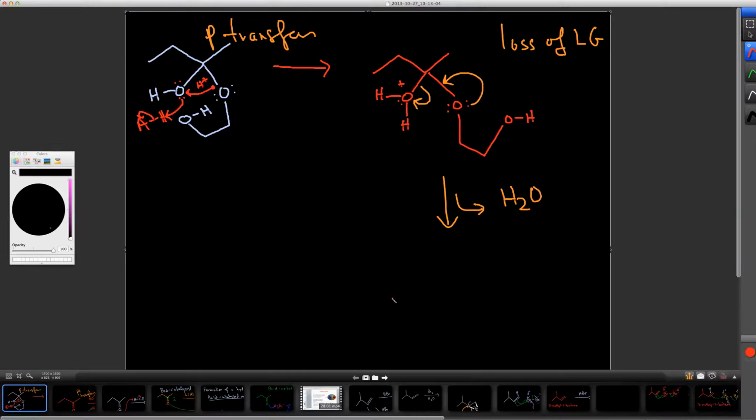Our intermediate, you now have reformed a carbonyl-like molecule. This makes the carbonyl carbon, again, exceptionally electrophilic. And now the free OH can attack, the pi bond breaks. This is nucleophilic attack.